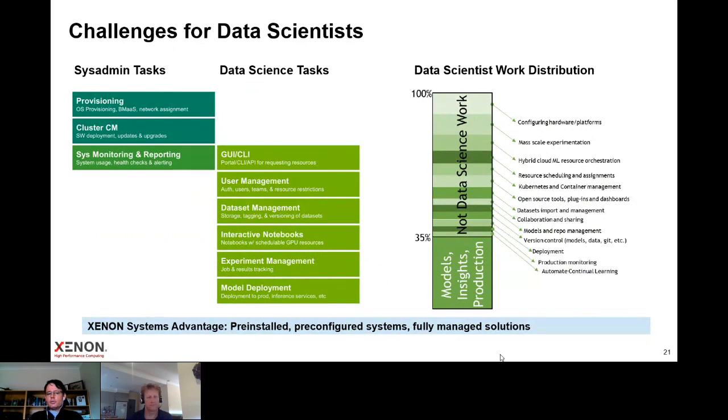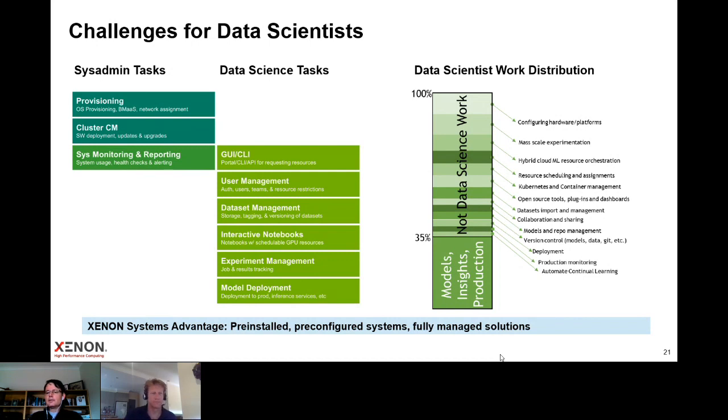On the other hand, there, of course, are all the data science tasks to actually develop the models, to test the models, to run the experiments, and then to deploy them. And the real challenge is, how can you, as a company, as a customer, make sure that you get the most productivity out of your teams and not have them work on tasks which are not directly related really to their jobs.